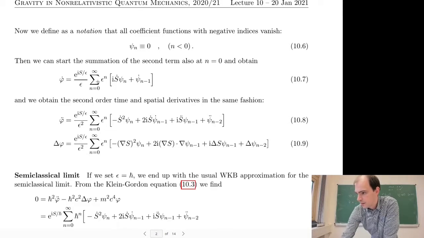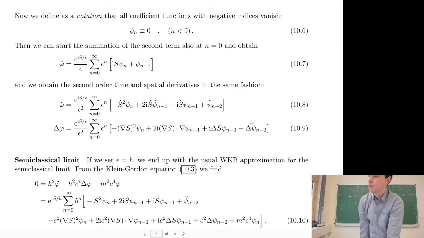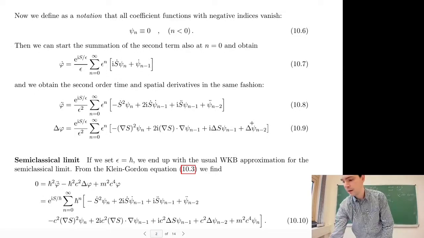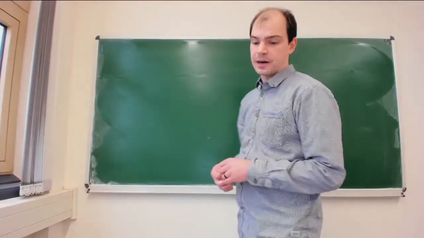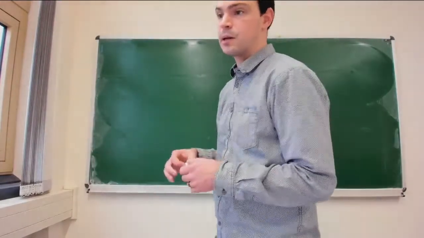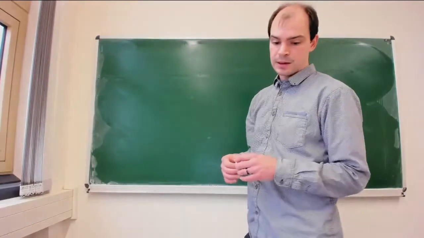And in the same way, we can now do the same again and take the second order derivative, so we can get the second order time derivative and the Laplacian of our function phi, and end up with these equations 10.8 and 10.9.